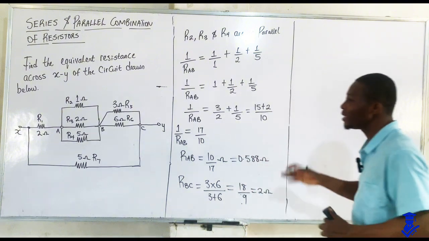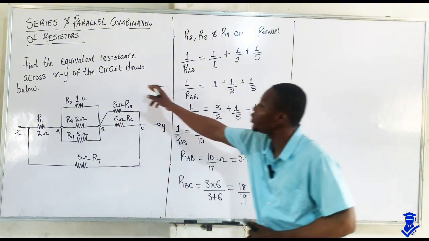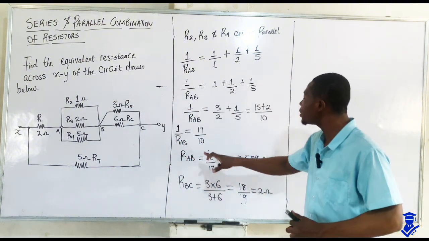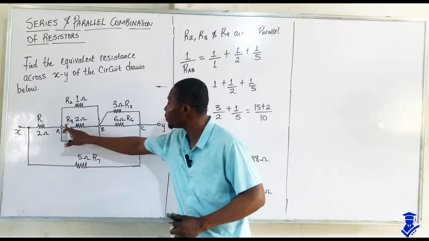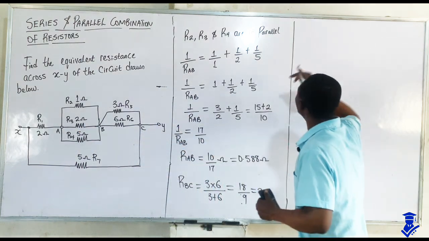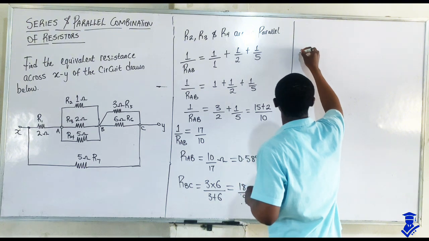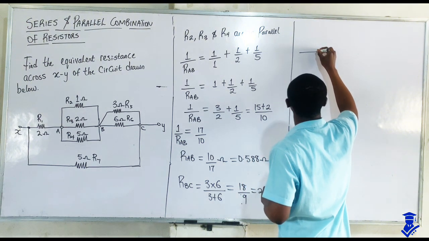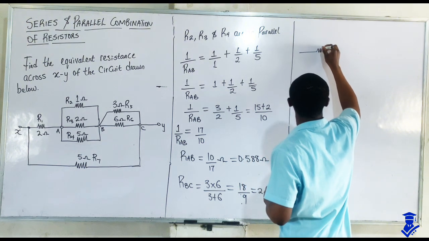Now, having this, you will notice that this circuit will reduce to, now we know the resistance between point AB, and we know the total resistance between point BC. The circuit now reduces to this.